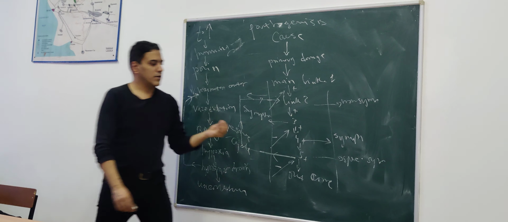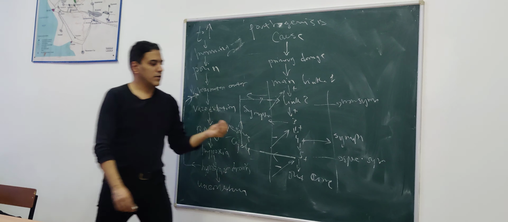Some diseases are monoetiological, they have one cause and we know this cause, for example, infectious disease. But in other diseases we cannot know the main causative factor. For example, diabetes, hypertension, and so on. So I cannot find the cause.